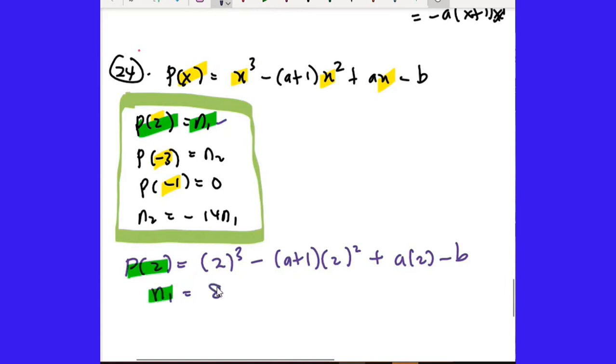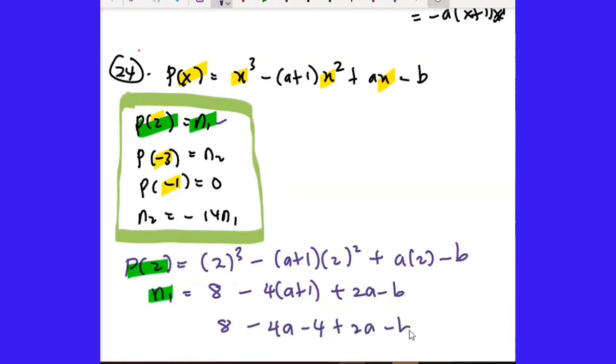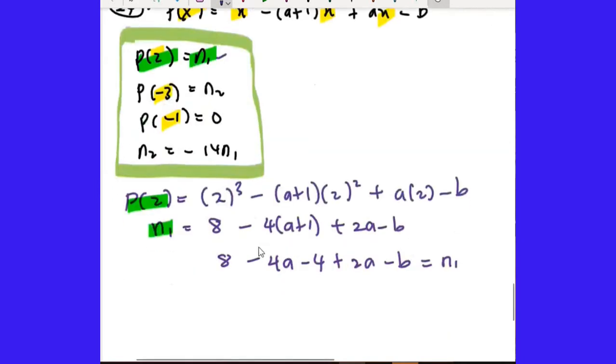Simplify 8 minus 4A plus 1 plus 2A minus B. Or expanding, 8 minus 4A minus 4 plus 2A minus B is equal to N1. Better write equals on the right hand side. Then simplify, negative 2A, or cancel the 4. 4 minus 2A minus B is equal to N1.